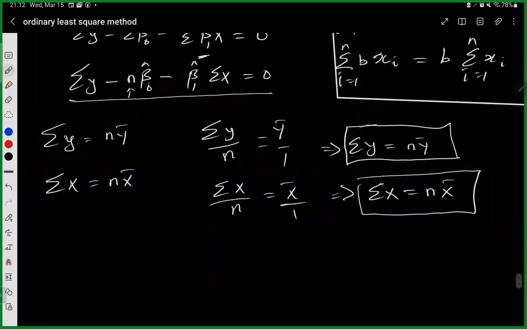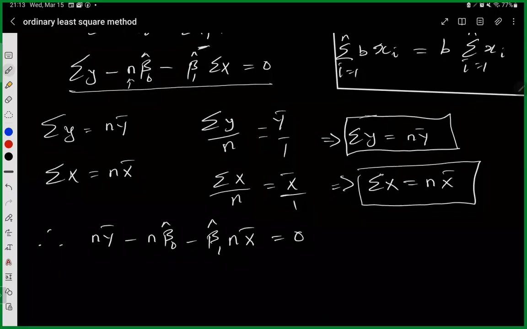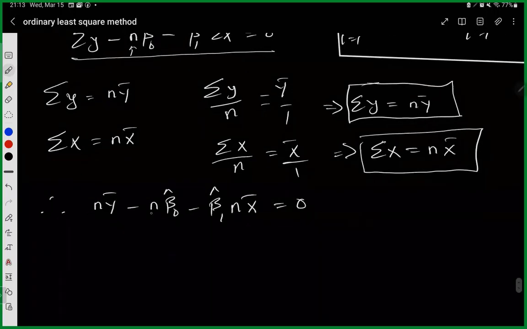So we just replace what we have here so that everything is uniform. Therefore, we have n y bar minus n beta naught hat minus beta 1 hat, and n x bar is equal to 0. So from this point, we can factor out n because it's common throughout, and n is a constant also.